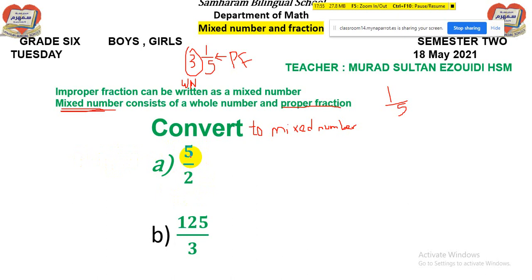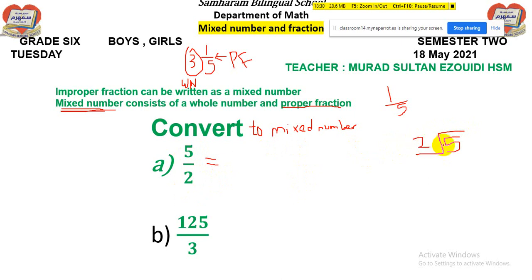That's why it's called an improper fraction, and that's why the question deals with how you can change an improper fraction, where the numerator value is more than the denominator value, to a mixed number. Look how to solve this kind of question. Here we have 5. It's called the dividend, divided by 2. This 2 is called the divisor.